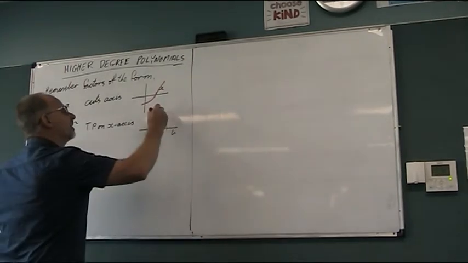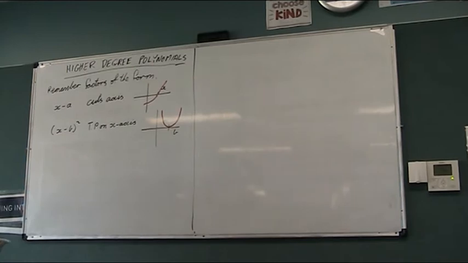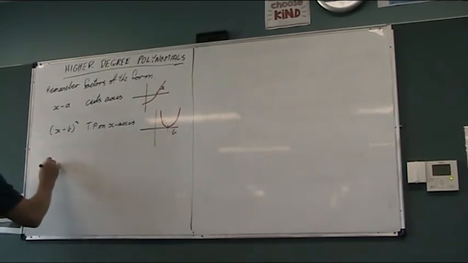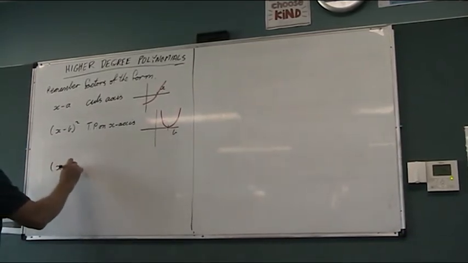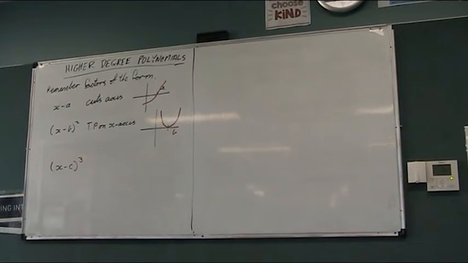So that would be something like this. Then if we have, say, a factor x minus c that's cubed, what's going to happen then? It's going to cut through, yes, but something else is going to happen there as well.